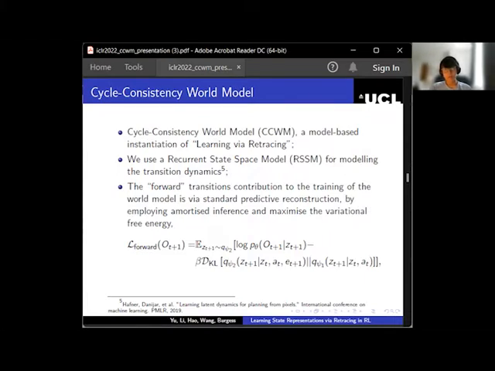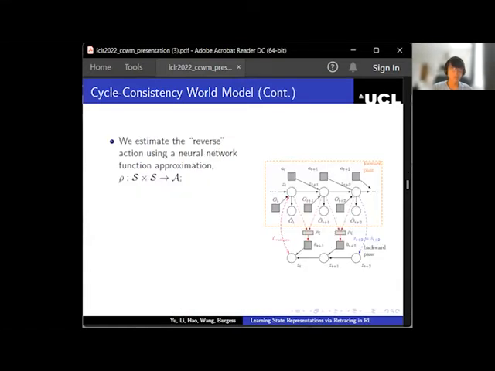So the forward transitions contribute to model learning via standard predictive reconstruction in the temporally forward fashion. Essentially that means that because we're using a generative model, we are doing this probabilistically. So we are essentially maximizing a sequential version of the variational free energy. And we're doing this because we're using deep neural networks, so this is more of an amortized variational problem.